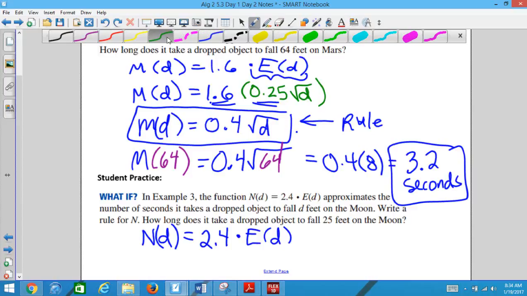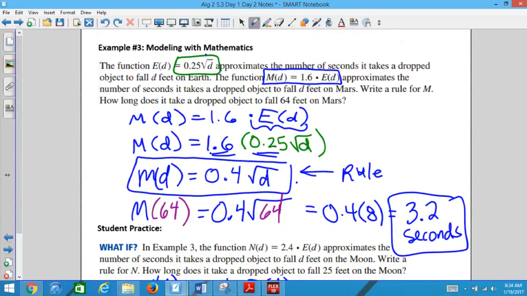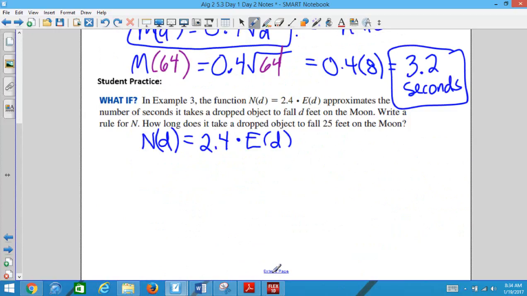And then from example 3, I even colored it, put a big old box around it, e of d is 0.25 square root d. So I'm going to substitute right here 0.25 square root d.